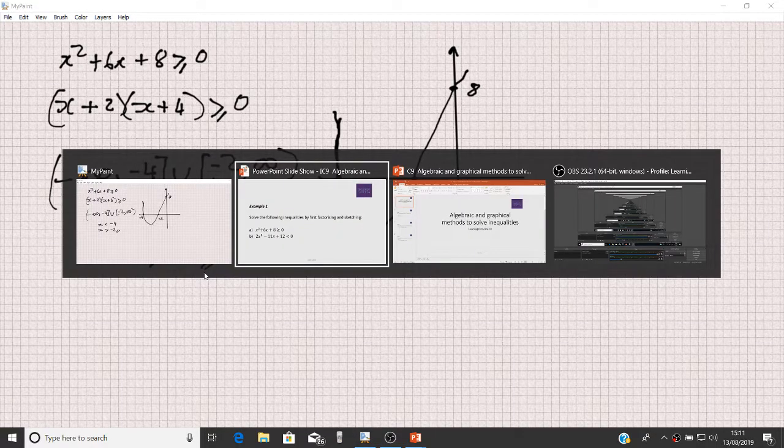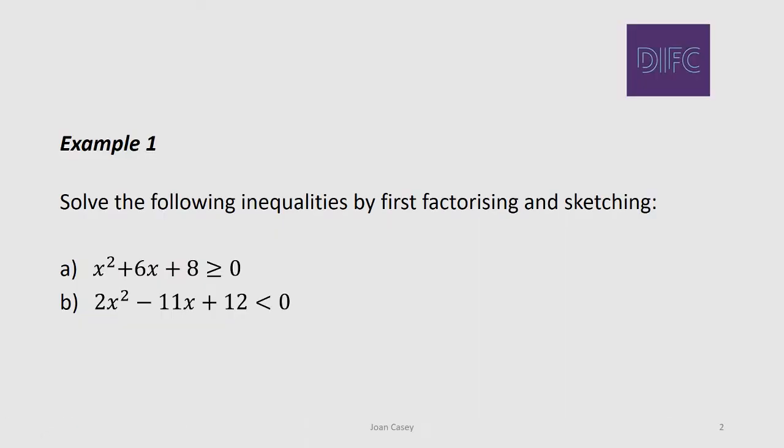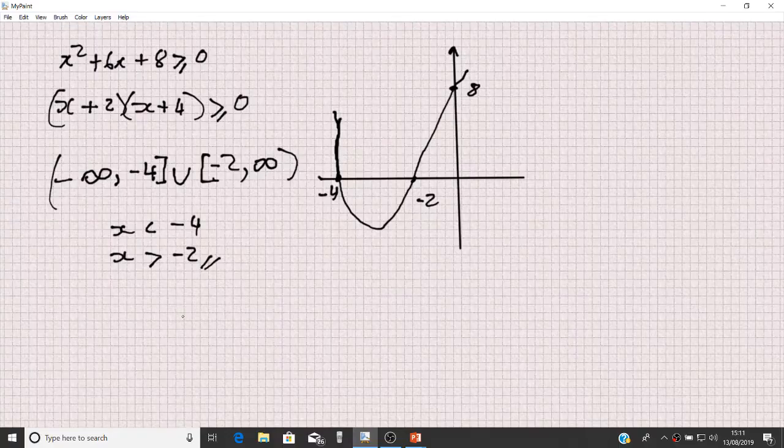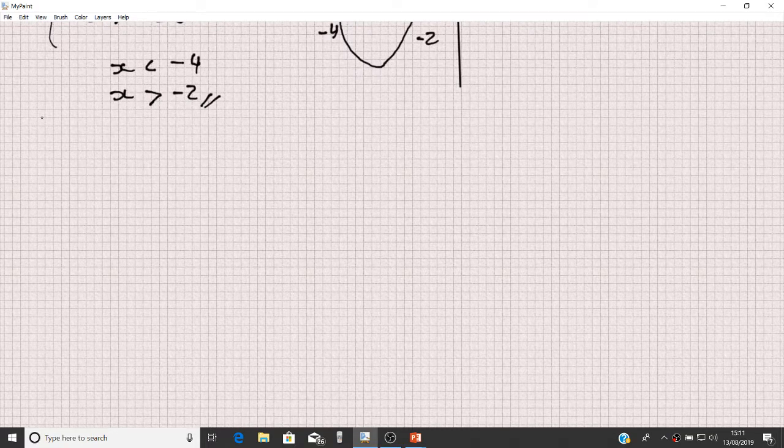And we'll take a look at the second example, and in a similar way we will find the range of values that satisfies 2x squared minus 11x plus 12 is less than 0. So we had 2x squared minus 11x plus 12 is less than 0.